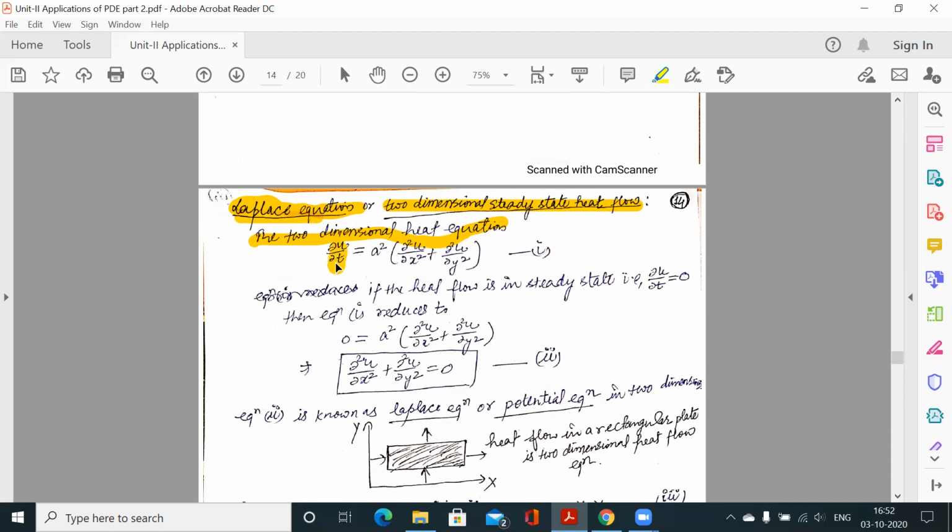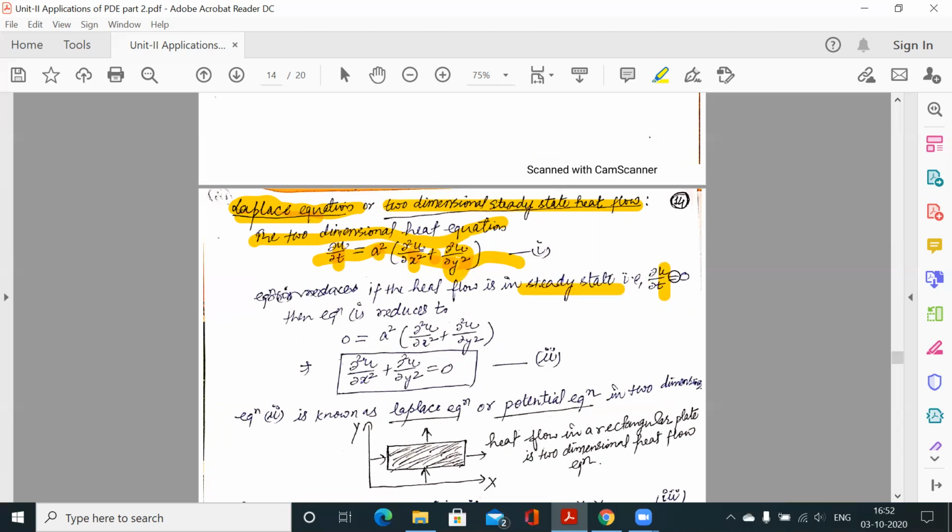What is that? Del U over del T is equal to, if you remember the one-dimensional heat equation, del U over del T is equal to c square del 2U over del X square. It was one dimension. But if we add plus del 2U over del Y square, it is the two-dimensional heat equation. And the Laplace equation is a particular case of the two-dimensional heat equation when it is steady state, that means it is independent of time.